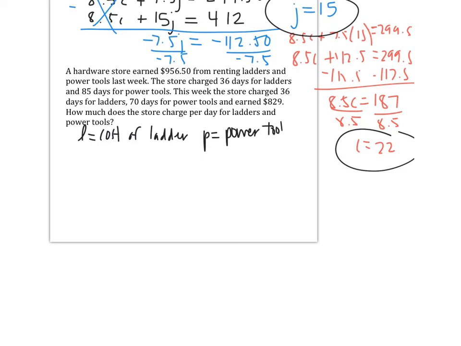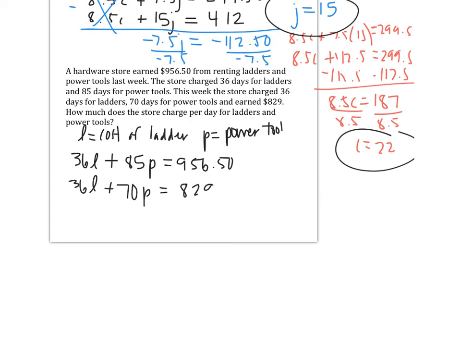So with that first equation, the store charged 36 days for ladders, so I'll say 36L, plus 85 days for power tools, and that was equal to $956.50. The second week then it said the 36 days for ladders, and that's nice because our L variables are lining up, and 70 days for power tools, and that had a total of $829.